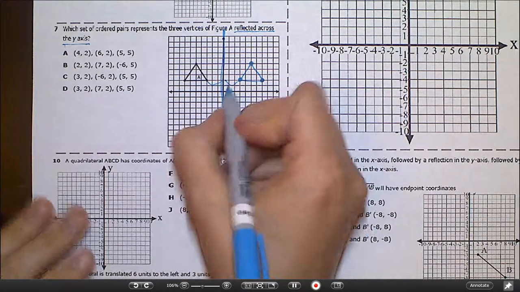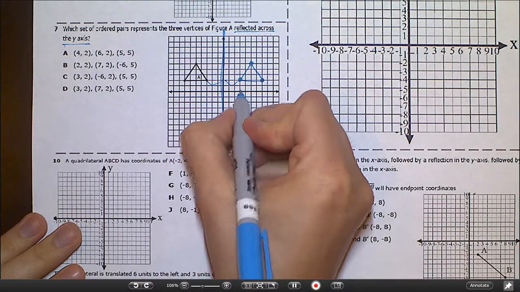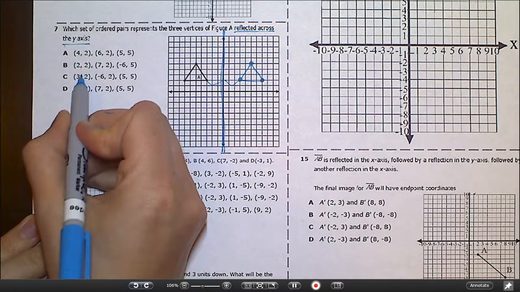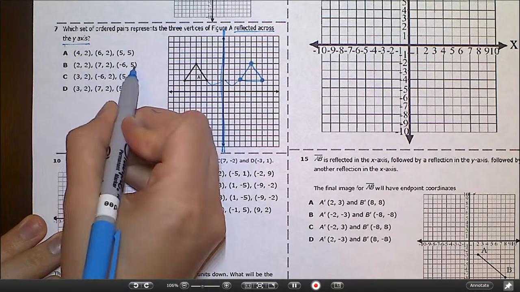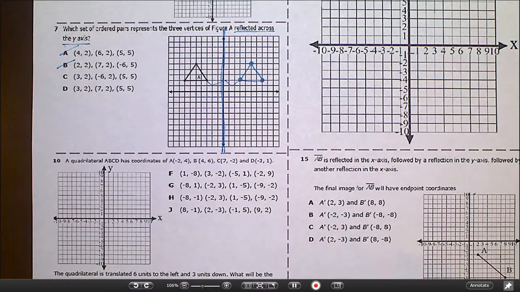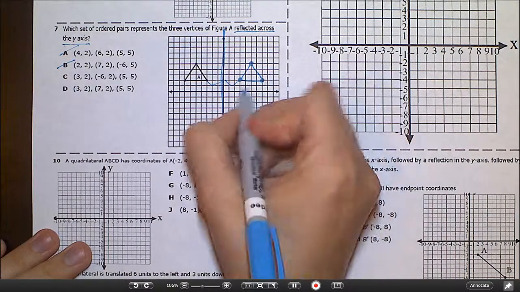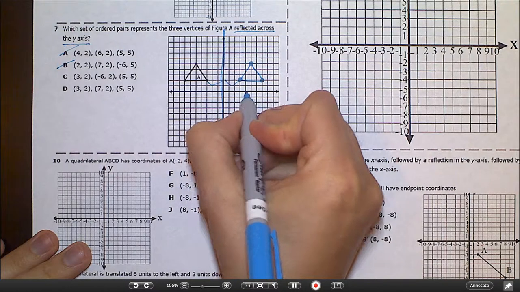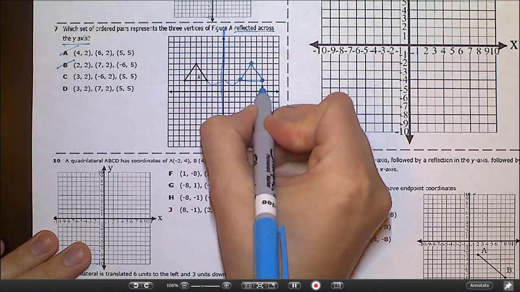So now this point would be 3, 2. Okay, so I have 3, 2 here and here. But I don't have a 3, 2 here. So I'm going to get rid of those. Okay, so this is 3, 2. This is 1, 2, 3, 4, 5, 6, 7, 2.